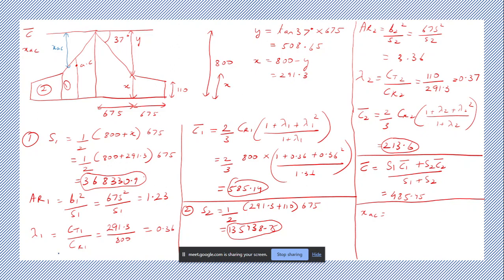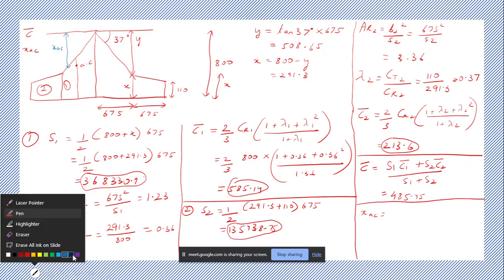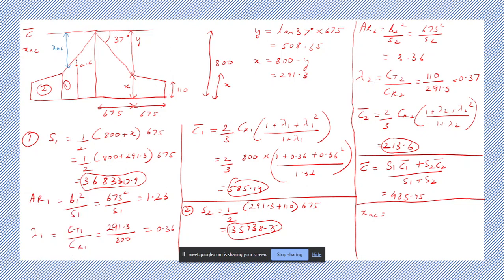How do we find out XAC? So we know this value. How much is this value? What is this value? The one in purple. How much is that value?